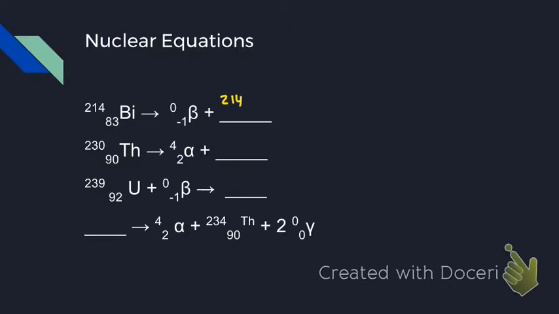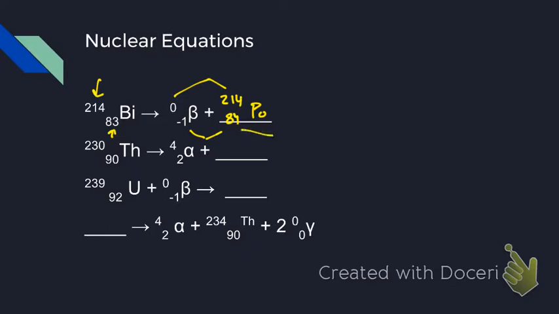So you see on this side, 0 plus 214 gives me 214, so we're good. 83 and -1, so this would be 84, because -1 plus 84 is 83, which is right here, right? Now if I go to the periodic table and look up atomic number 84, it is polonium, so I put Po.